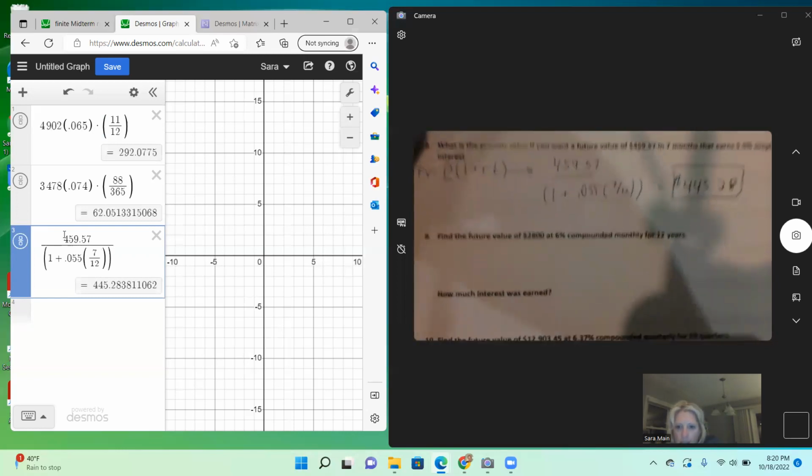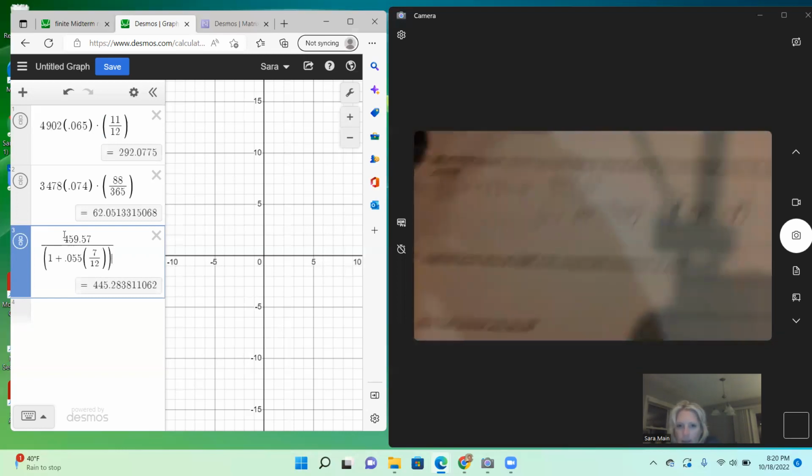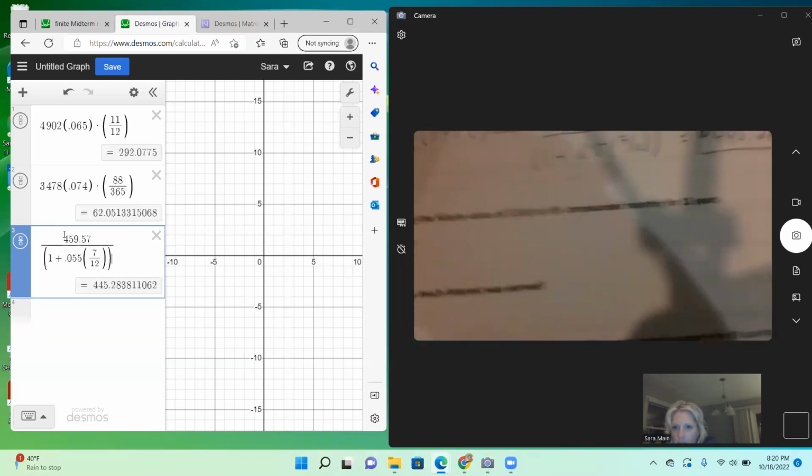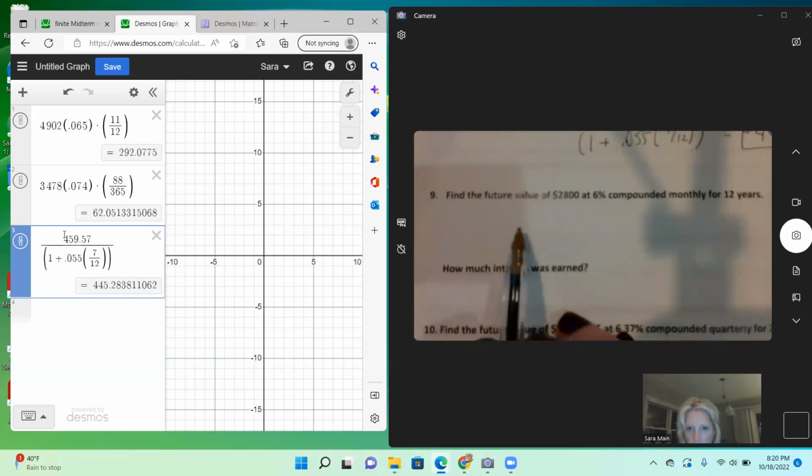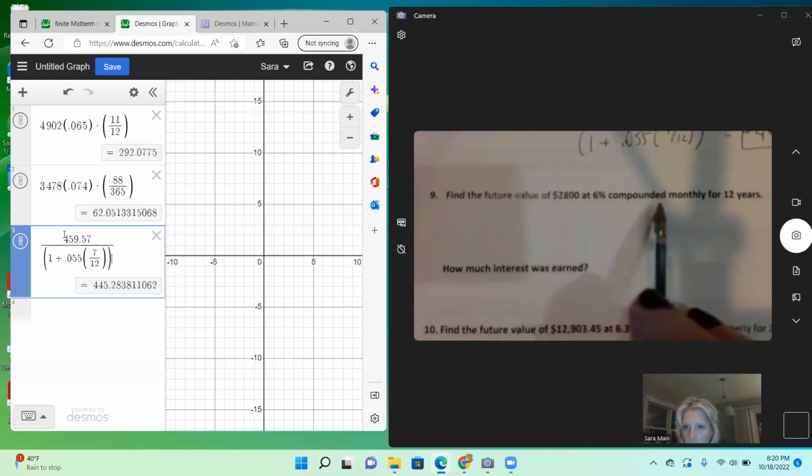Question number 9 says, find the value of $2,800 at 6% compounded monthly for 12 years, and then how much interest was earned.